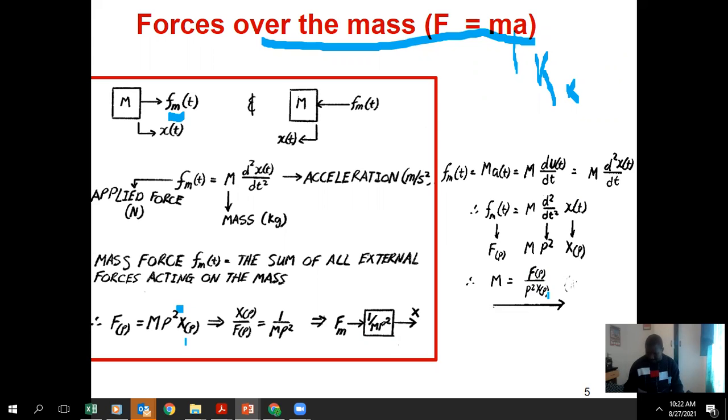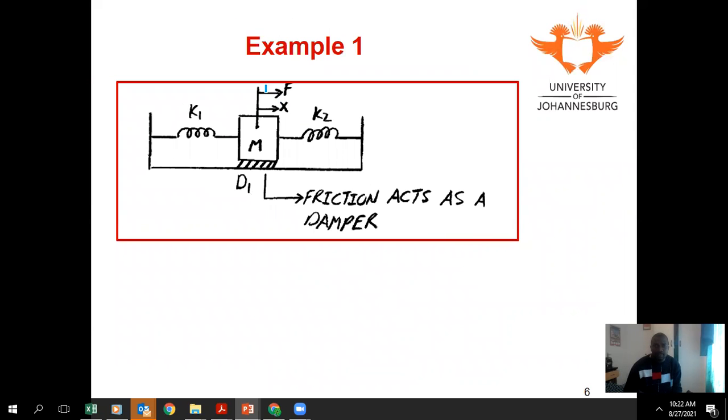So let's just look at the equation, which is going to put everything into perspective. We have a force which creates displacement, but we've got a spring which opposes the force, doesn't allow it, and we've got another spring which opposes the force. So these forces work together, we can add them. And now we've got D1, which is a coefficient of friction, which acts as a damper in this instance.